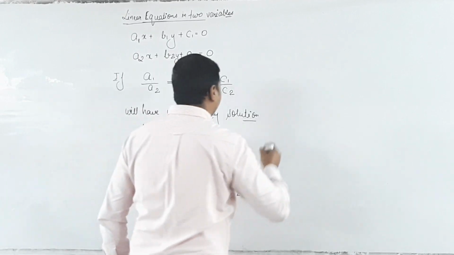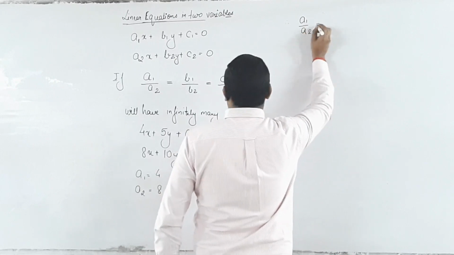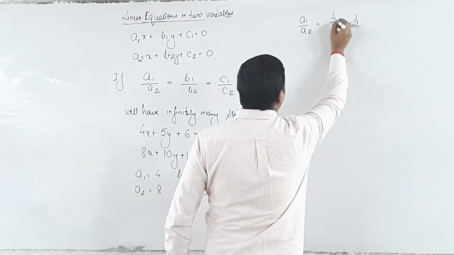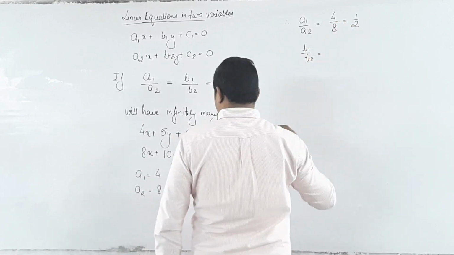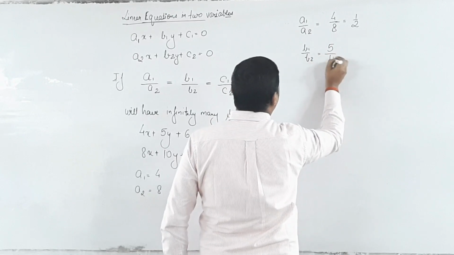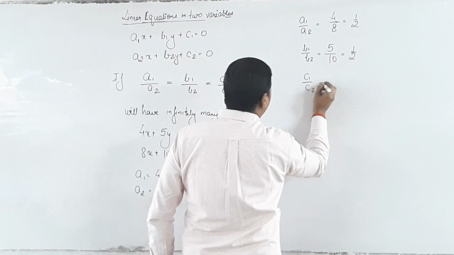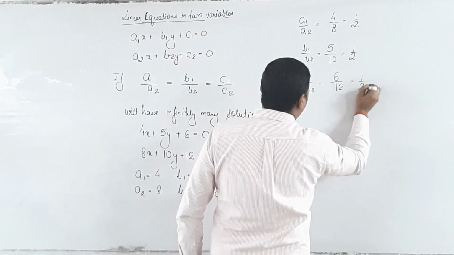So, you find the ratio. a1 by a2 is 4 by 8, so it's 1 by 2. b1 by b2 is 5 by 10, it's again 1 by 2. c1 by c2 is 6 by 12, again 1 by 2.